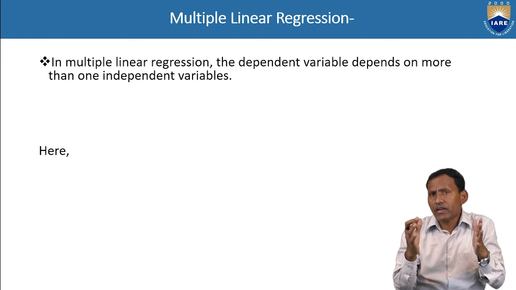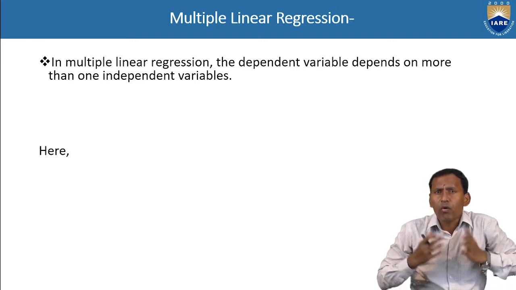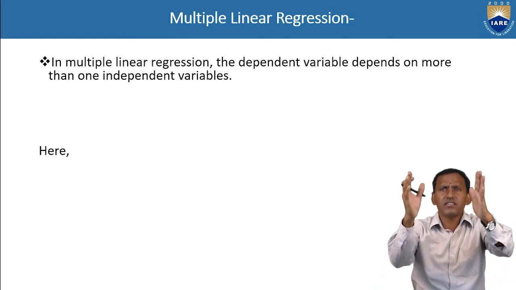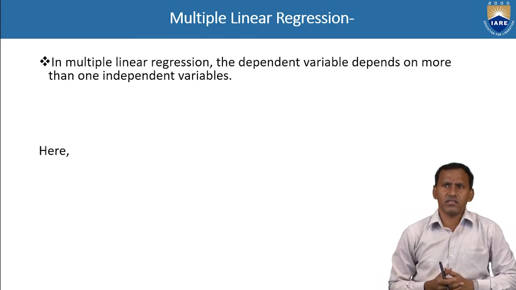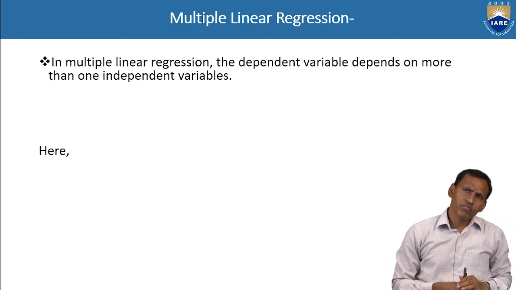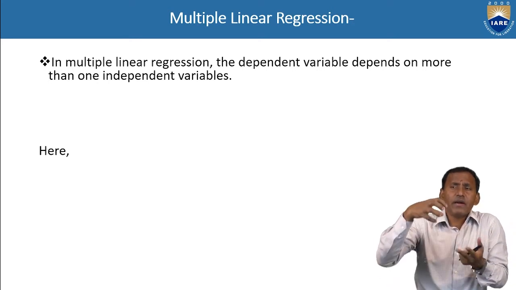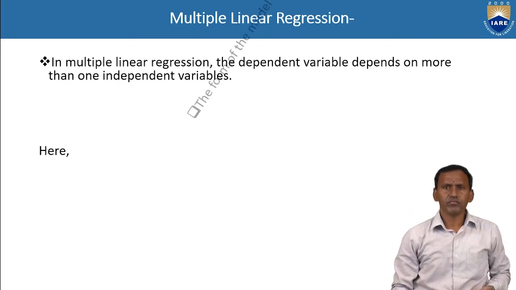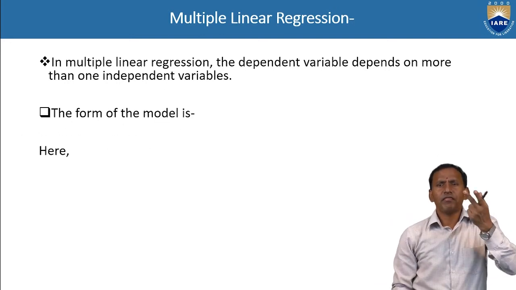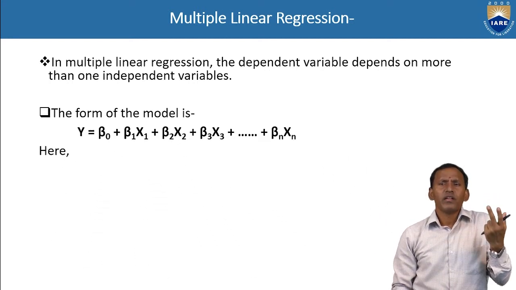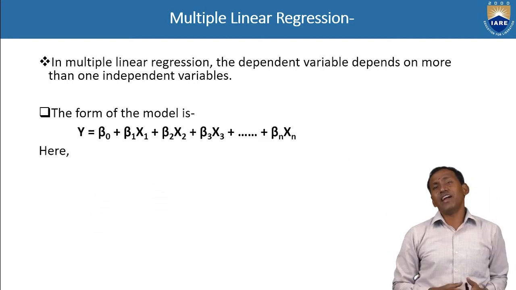Now, what happens if more independent variables impact the dependent variable? That is multiple regression analysis. So in multiple regression analysis, the dependent variable depends on more than one independent variable. The form of this model is like this. Here, there are more independent variables.